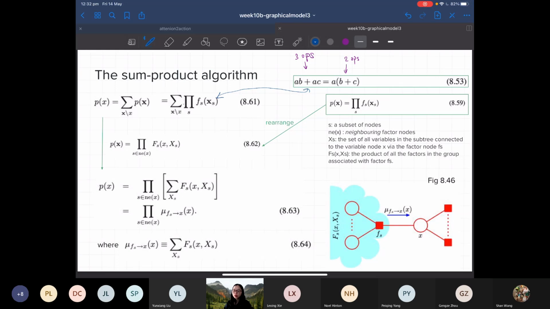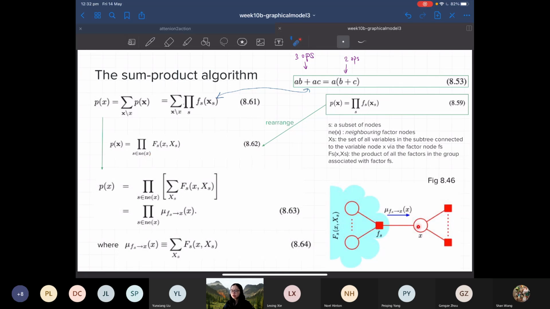Notice that we can also rearrange this factor graph probability definition into a form that's centered on the node X. What does that mean?